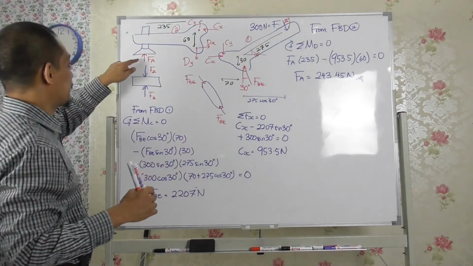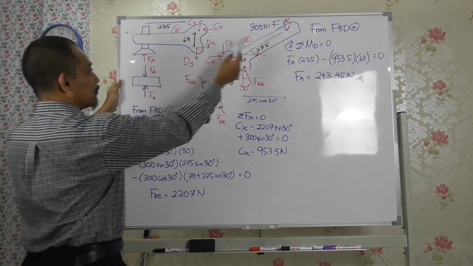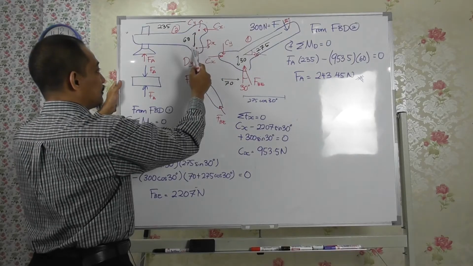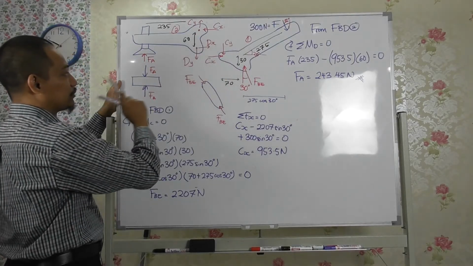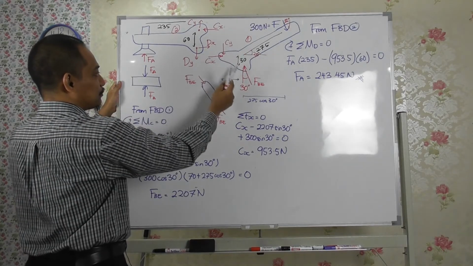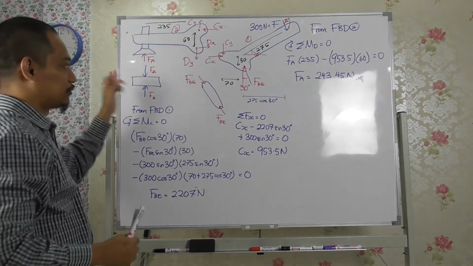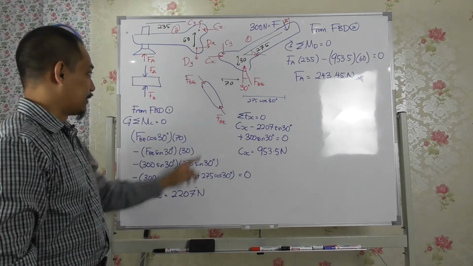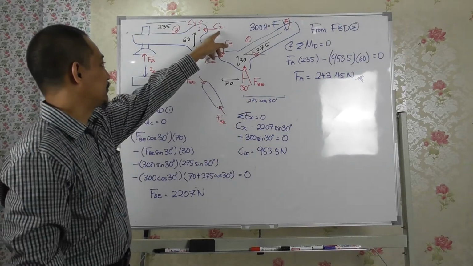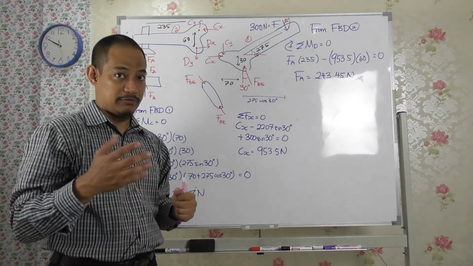I need this one, so how to get from this value to this unknown here? Taking moment here, I can straight away get here. But to get to this value, it's easiest to solve this one first, because of taking moment about this point. Having solved this one, I can solve for this one, and then having this value, I can solve for that one. So make sure you strategize if possible.